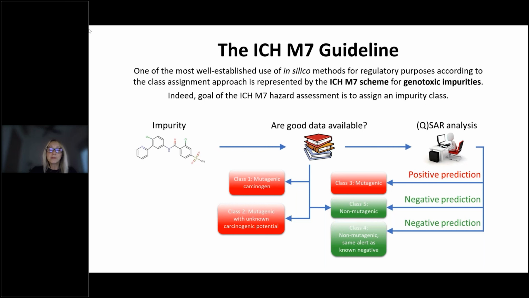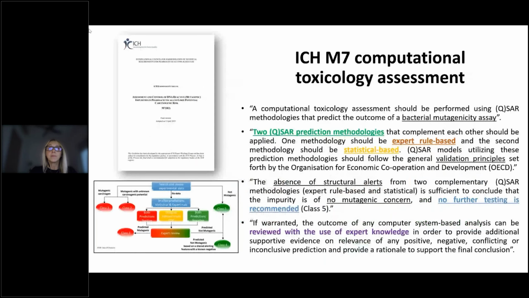The ICH M7 guideline specifically defines how in silico methods and the computational toxicology assessment can be performed in this context. In fact, it is mentioned in the guideline that a computational toxicology assessment should be performed by using QSAR methodologies that predict the bacterial mutagenicity assay.